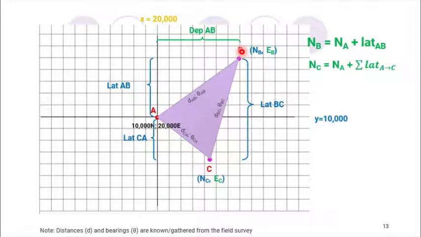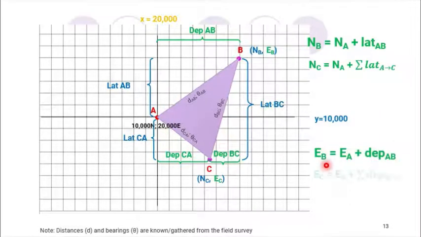And then the eastings of C is equal to the eastings of B, then minus this amount, the green line, which is the departure of BC. And then if you subtract the departure of CA from the eastings of C, it will go back to the 20,000.